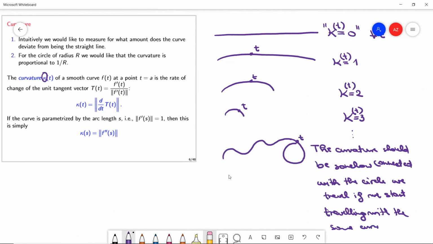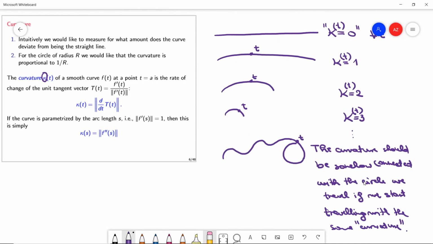Of course, everything must be in parentheses because curvature is not yet defined. So here we were traveling along this path. The curvature has been changing because the direction and the amount of the bend changed along this curve. But then here at this point, we locked the steering wheel and we started to travel with a constant curvature. So we made some circle, and we would like to somehow connect this curvature with the circle.